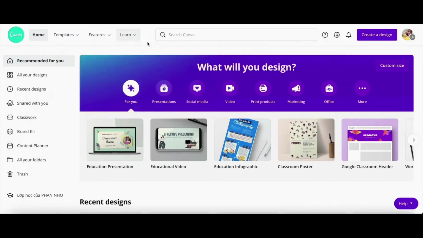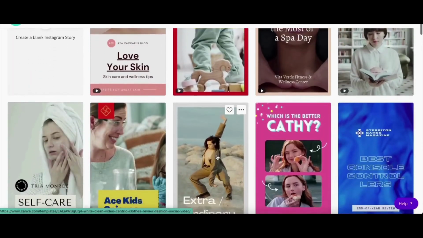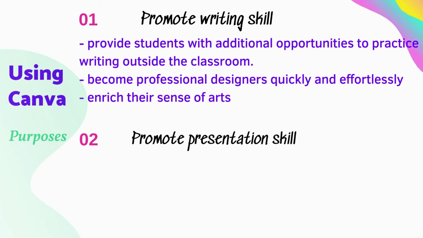Canva is a website that allows access to over 1 million pictures, graphics, and fonts. The following are the purposes of the initiative to promote writing and presentation skills. In writing skills, Canva can provide students with additional opportunities to develop writing skills outside the classroom.